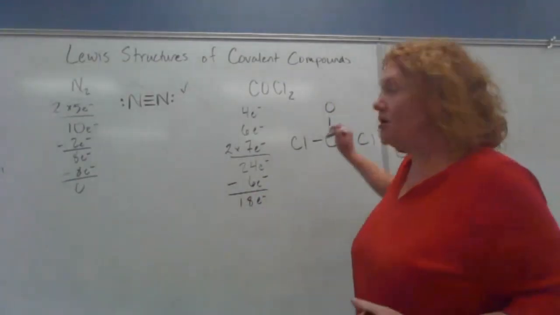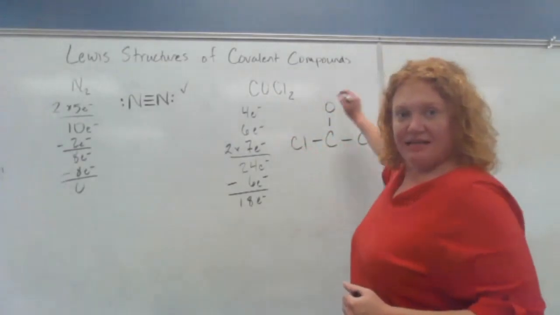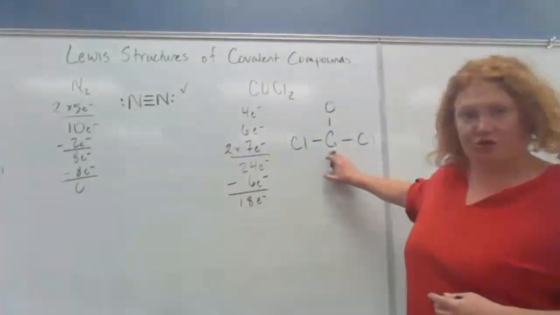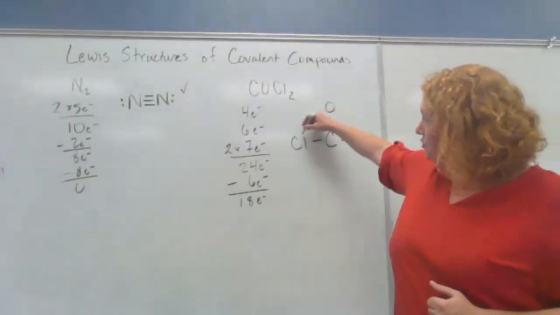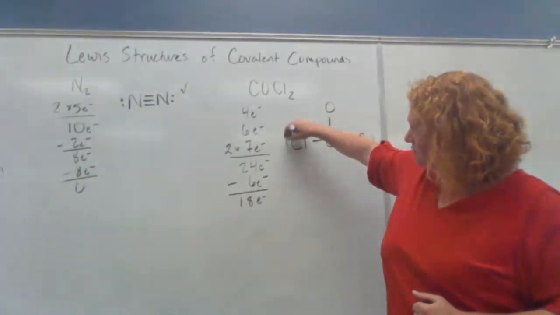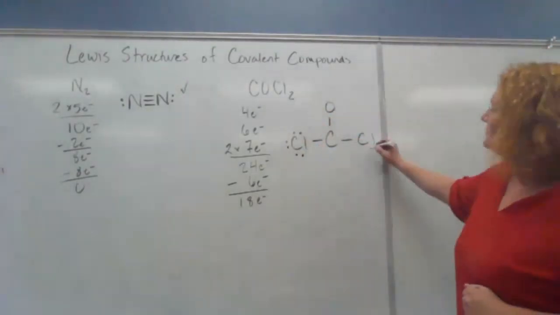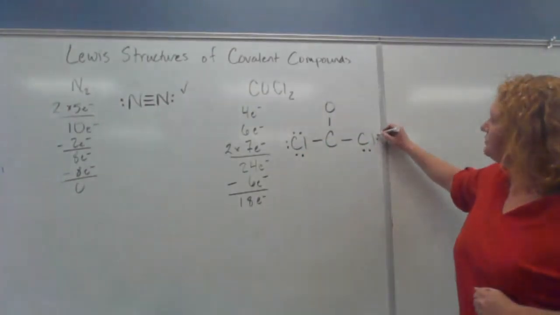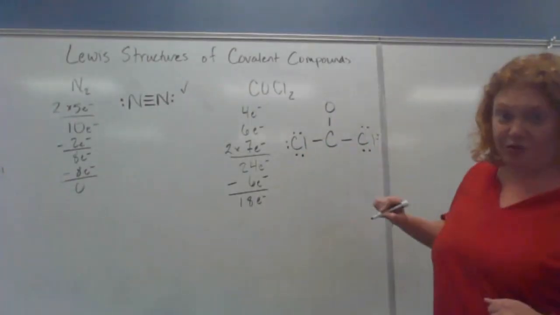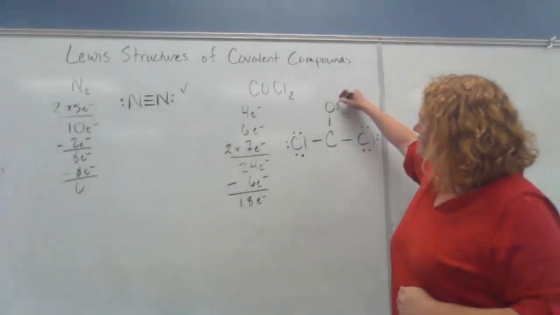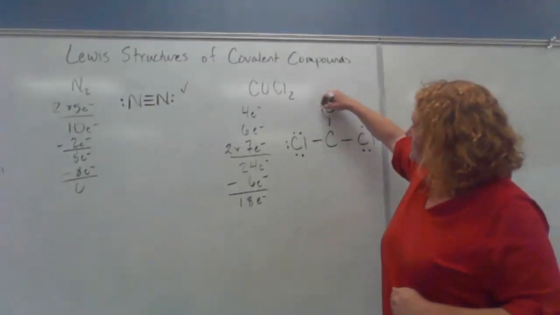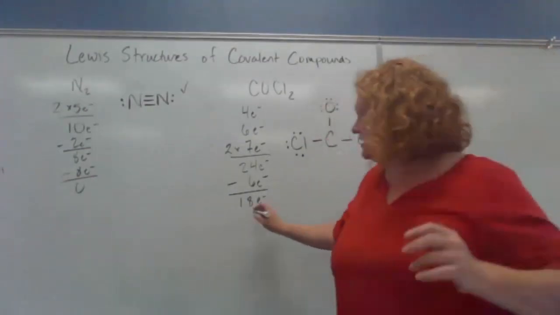Lone pairs start on the outsides, and if you have any still to place, you can go to the center atom, 2 dots at a time. 1, 2, 3, 4, 5, 6. 1, 2, 3, 4, 5, 6. That was 12. 1, 2, 3, 4, 5, 6. That was all 18.